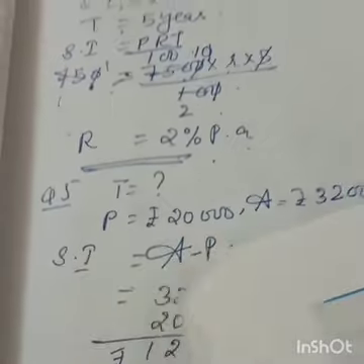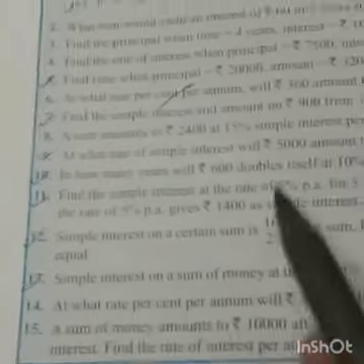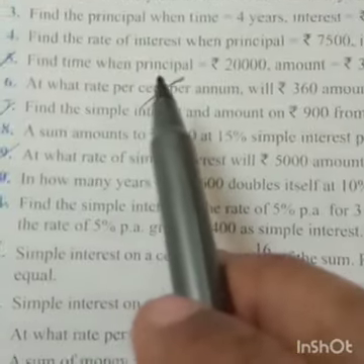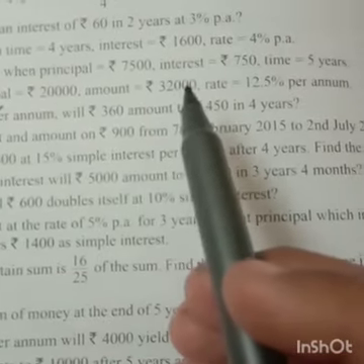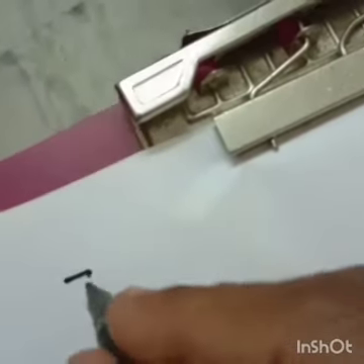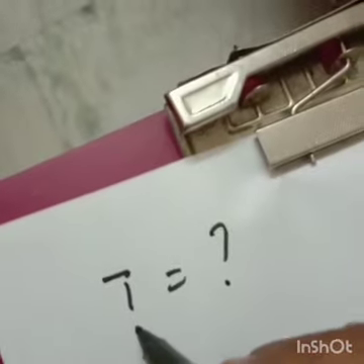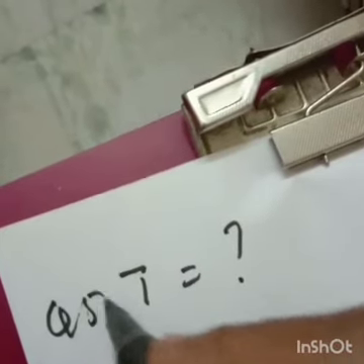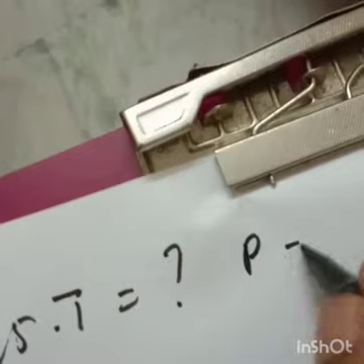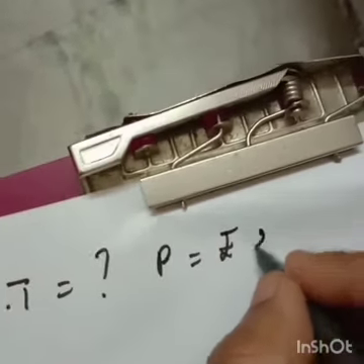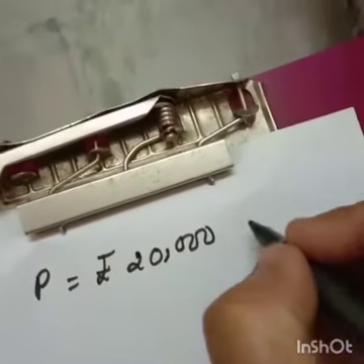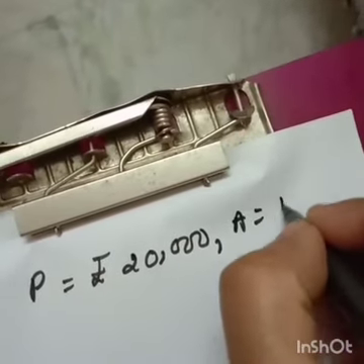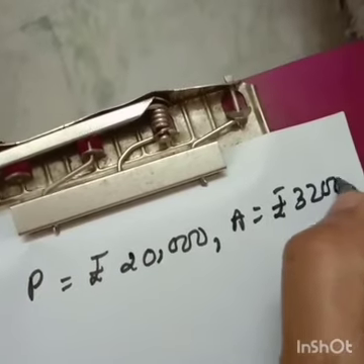Question number 5. Find the time when principal 20,000, amount 32,000, rate 12.5%. Time you have to find out. Principal given rupees 20,000, amount given rupees 32,000.